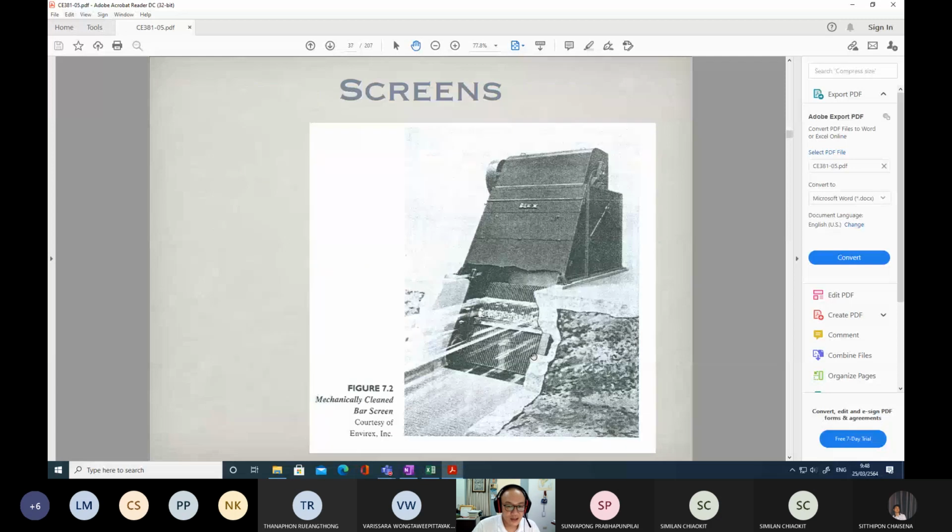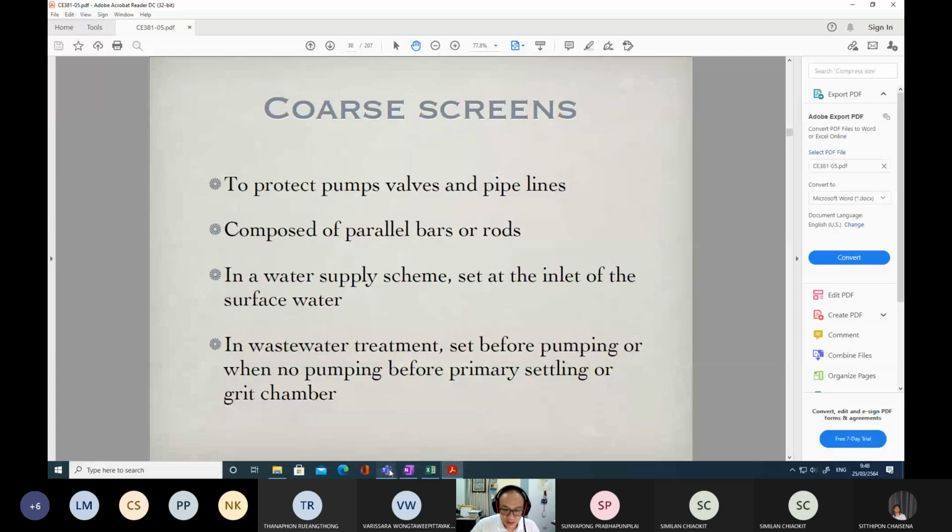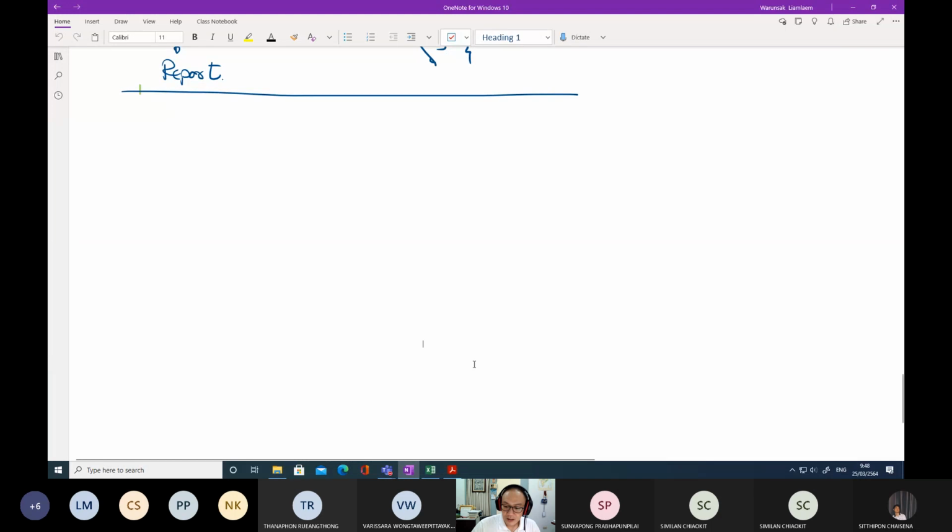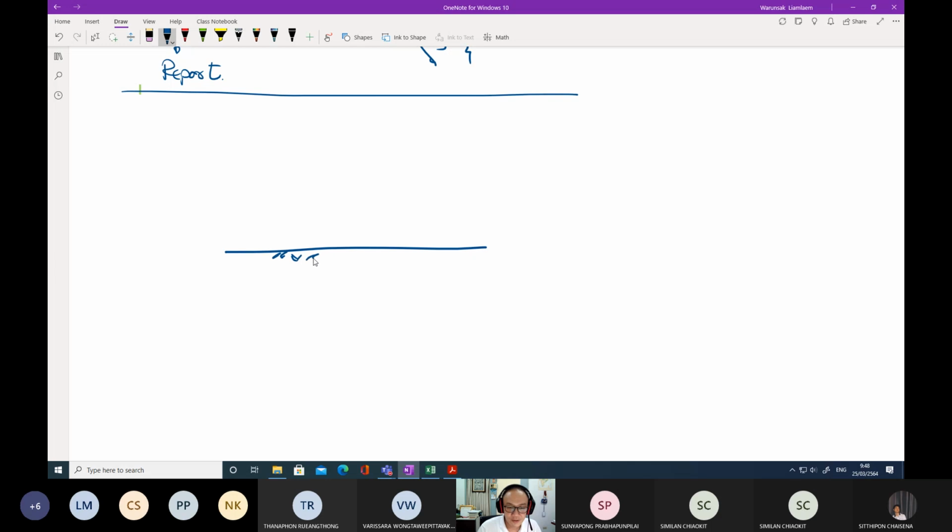If we locate the screens like this, so this is the chamber, normally it should be around 60 degrees to the horizontal, in between 45 to 60 degrees to the horizontal. 45 may be slightly small, but 60 would be the most appropriate. So water will flow through the screen.